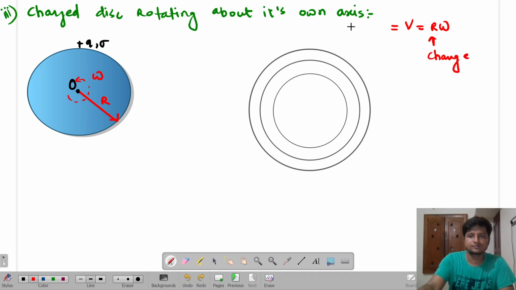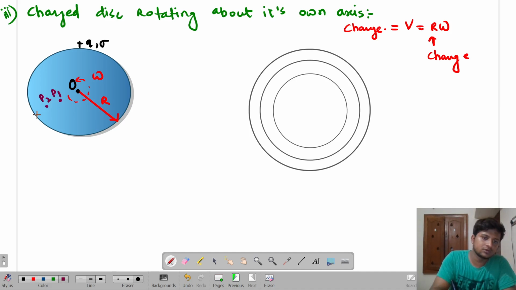That means if I consider two to three different points, point P1, point P2, point P3, do all these points have the same velocity or different velocity?